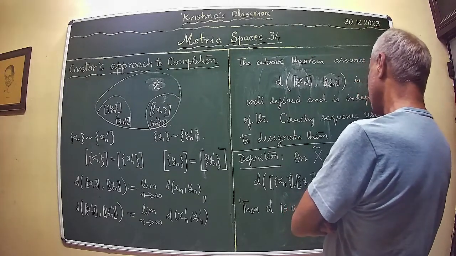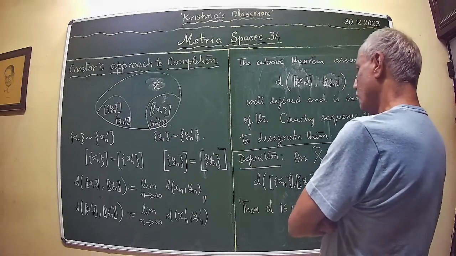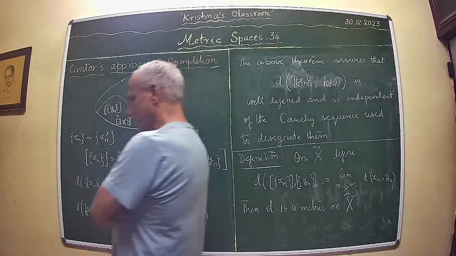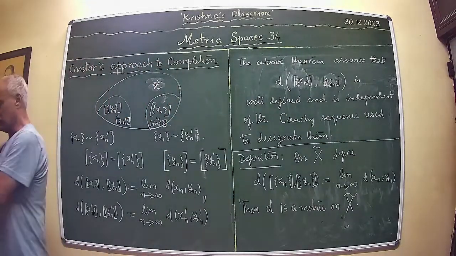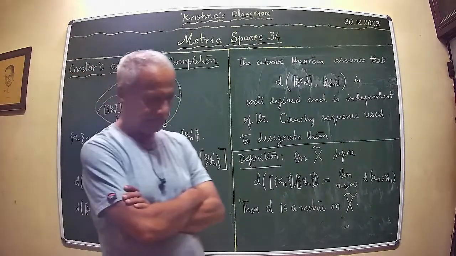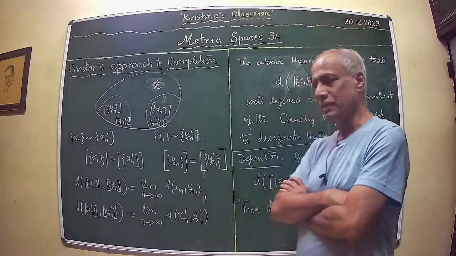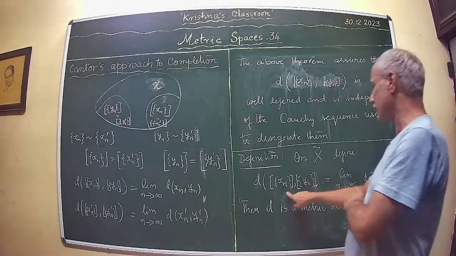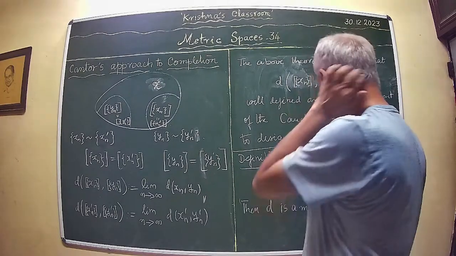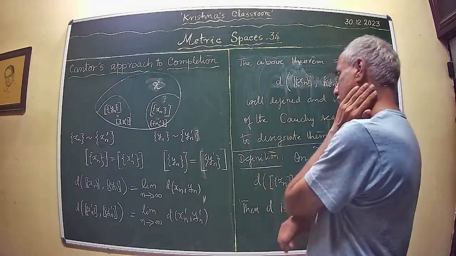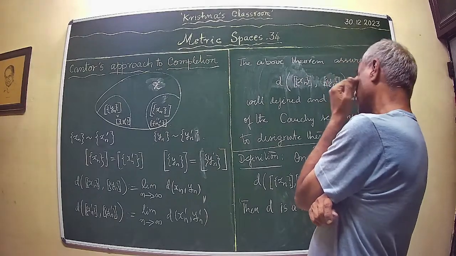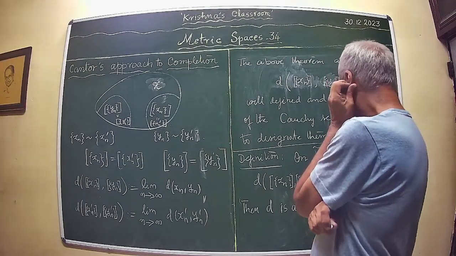Now, we have to prove two things, namely symmetry, the distance is equal to 0 if and only if these two blocks are the same, and the triangle inequality is satisfied.